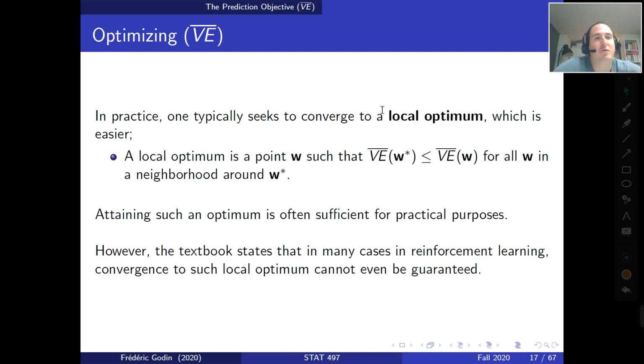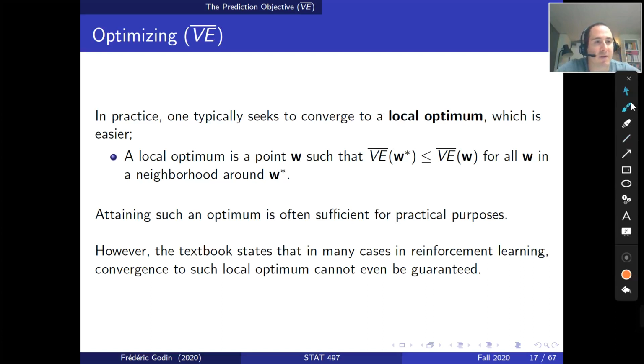For example, if you try to play chess, it might be fine that you get very, very good at chess instead of being perfect. Sometimes being very good is fine enough. If you have a very good approximation of your value function, even though it's not a local or global optimum, it can be fine.